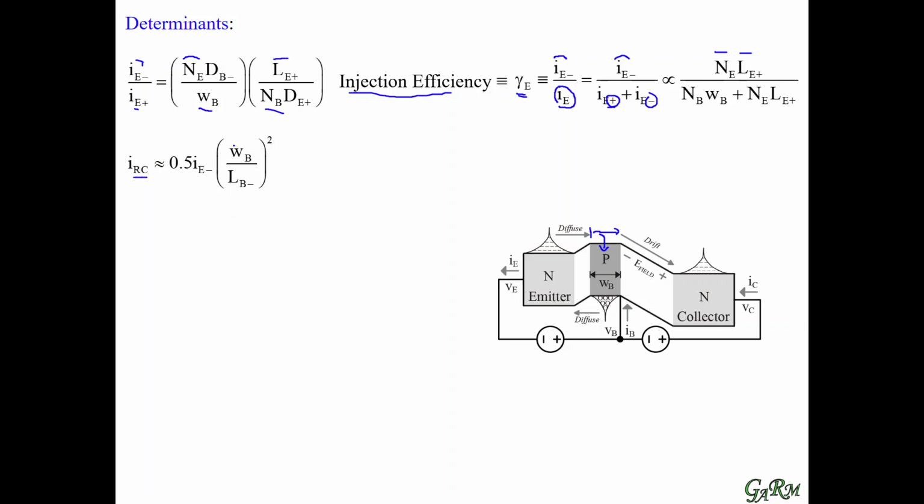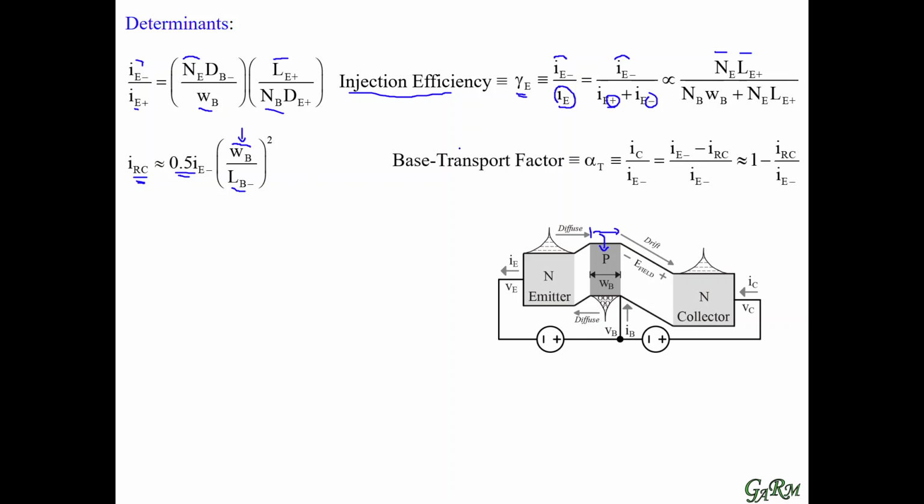If the base width is as long as the average diffusion length of electrons in the base, what we say here is that this is 1. We get about 50% of the current lost to recombination. But remember, we can make this base width maybe 5 or 10 times smaller. So that means that this recombination current can be very small.